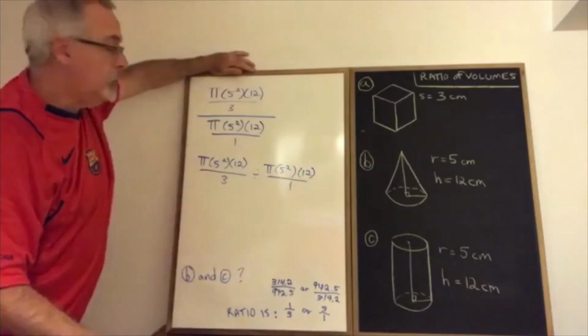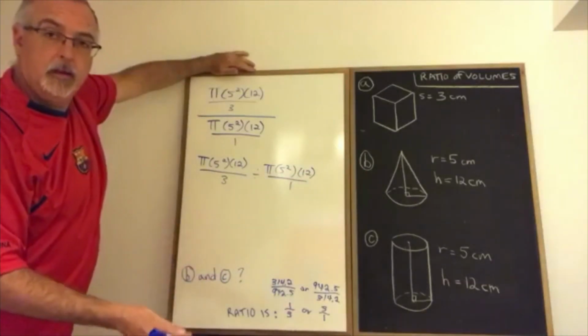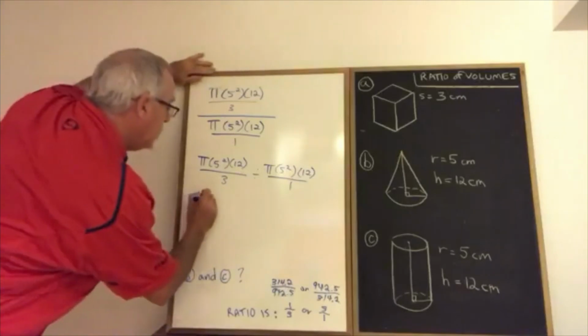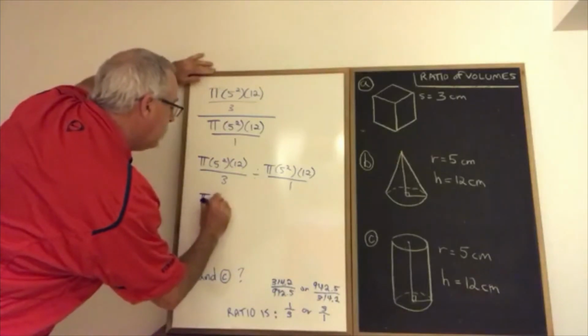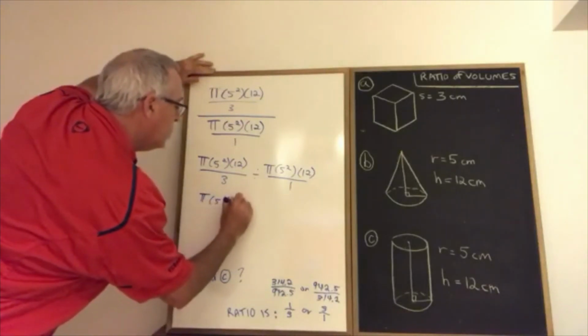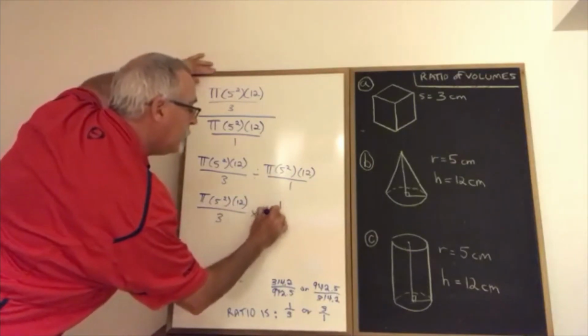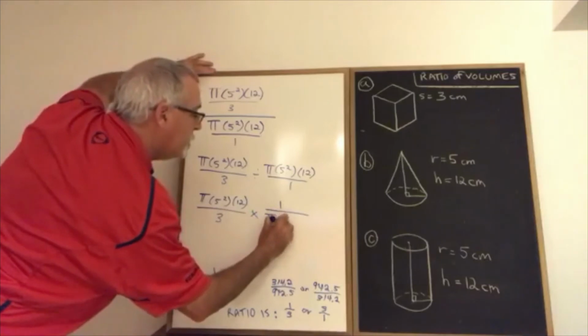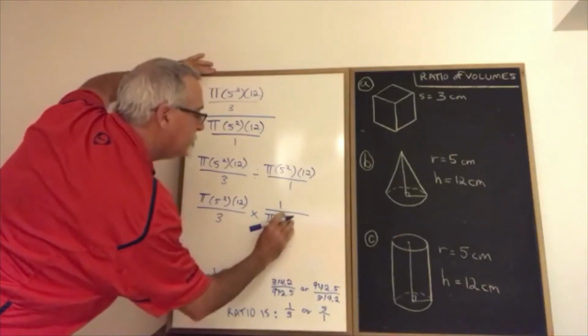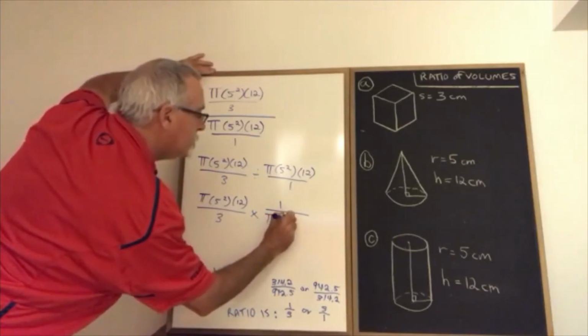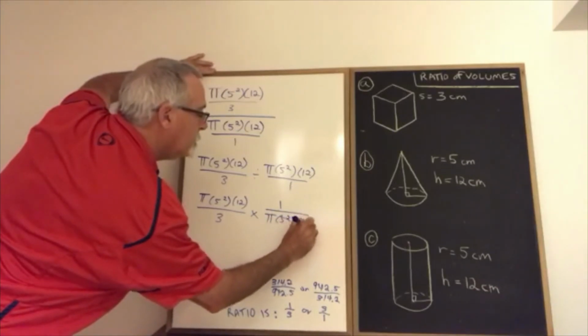But of course, when you divide fractions, you multiply instead and you turn the second fraction upside down. So it's pi 5 squared 12 over 3 times 1 over pi 5 squared 12.